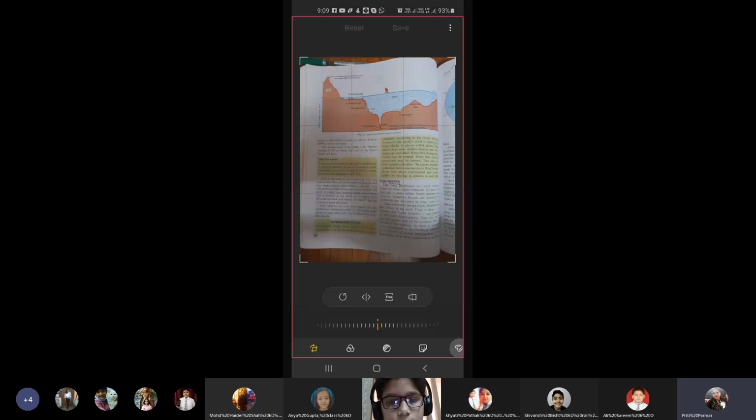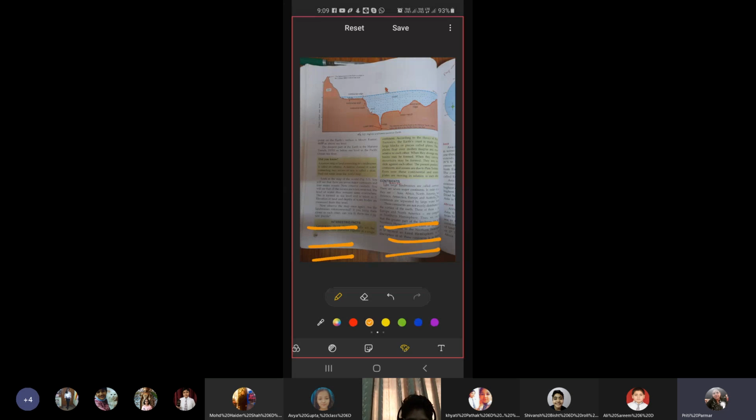Supposing this is the Earth's crust, the Earth's outer layer. There are certain layers inside the Earth. When these layers clash with each other, there is a sudden rise, and this results in a mountain with the clashing of these tectonic plates.